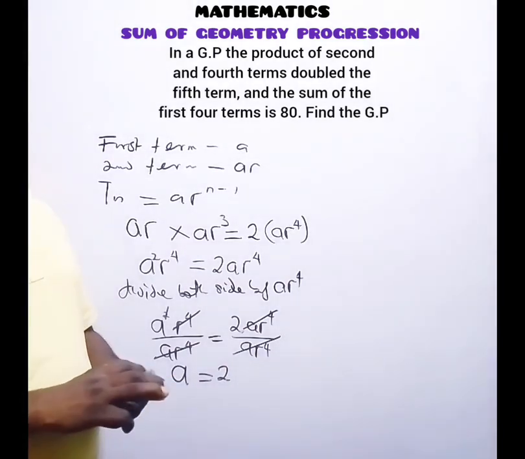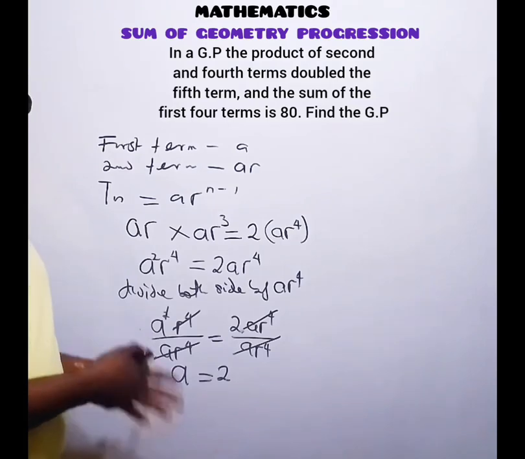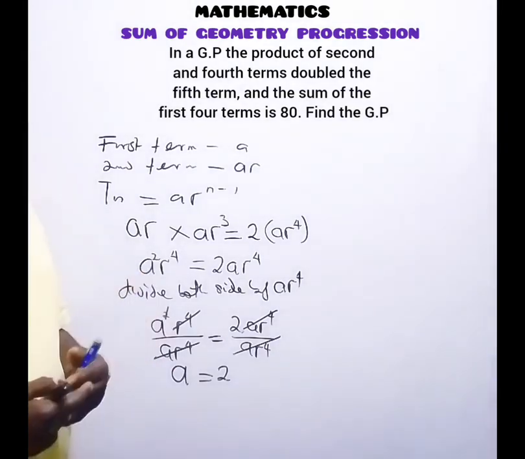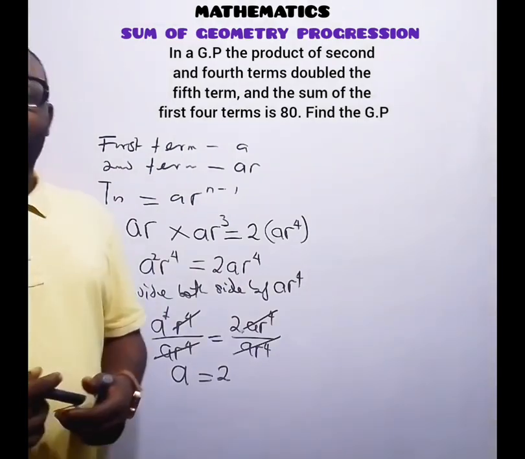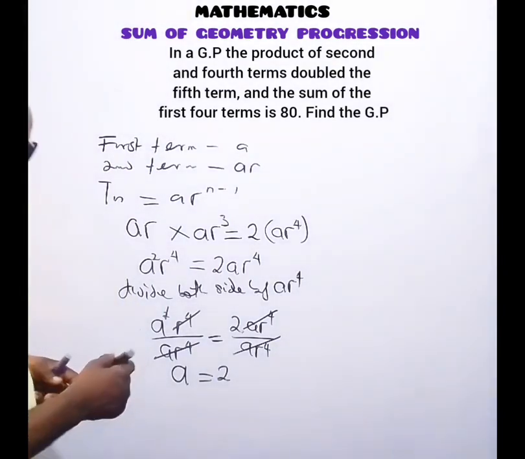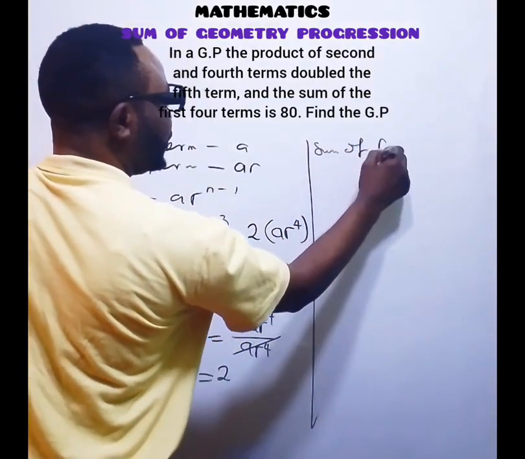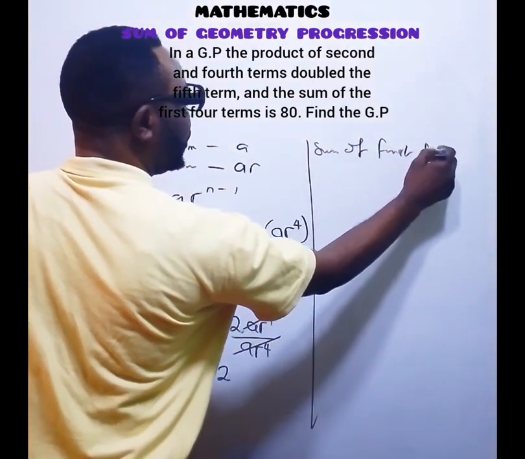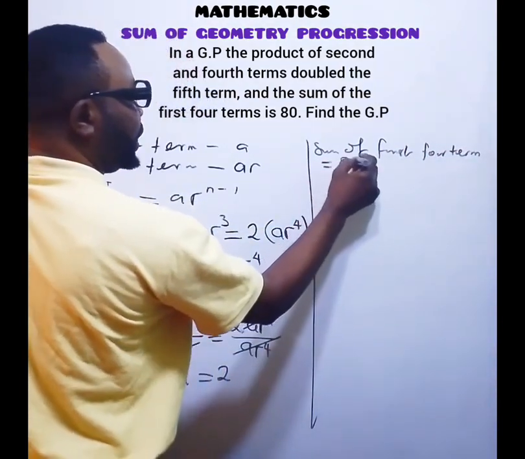We are asked to find the terms of the geometric progression, but it doesn't end here. We are still going to solve it further. Now, the question goes further to tell us that the sum of the first 4 terms is equal to 80.